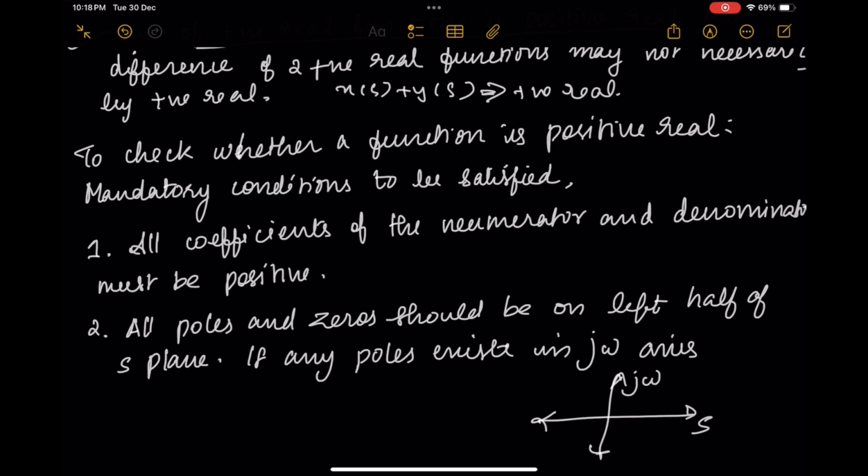If any pole exists on the j omega axis, they should be simple poles. That is, there should be only one pole on the j omega axis. So they should be simple poles with positive residues.